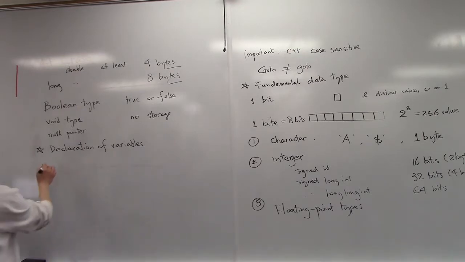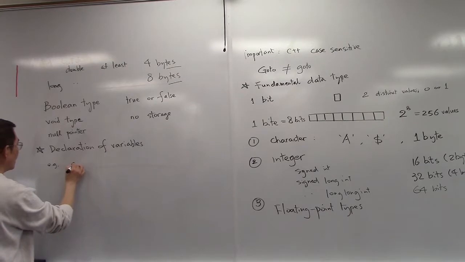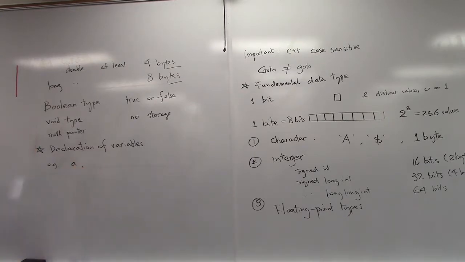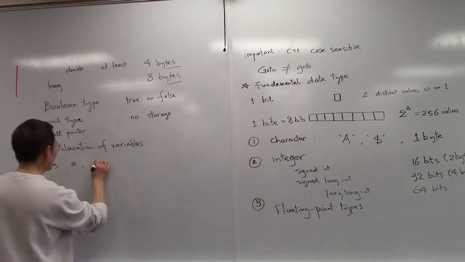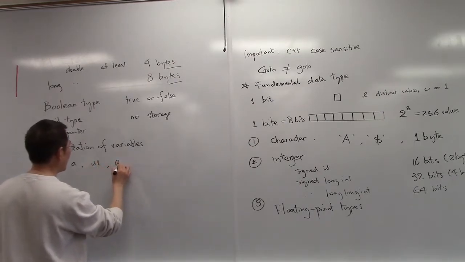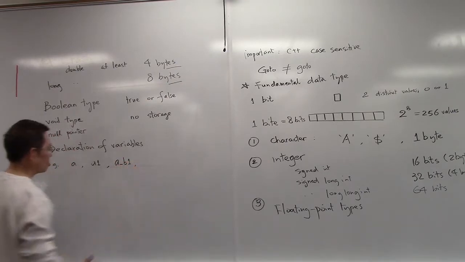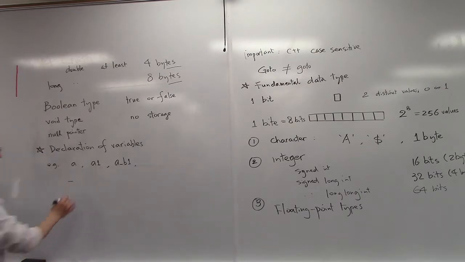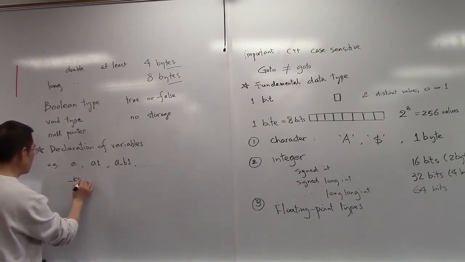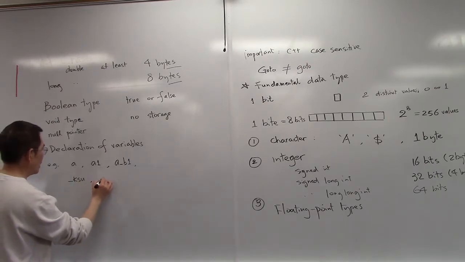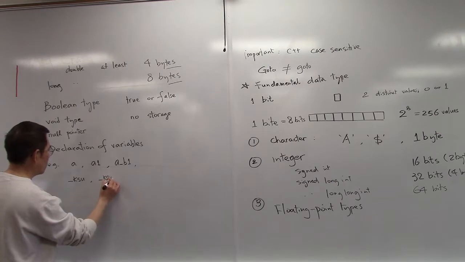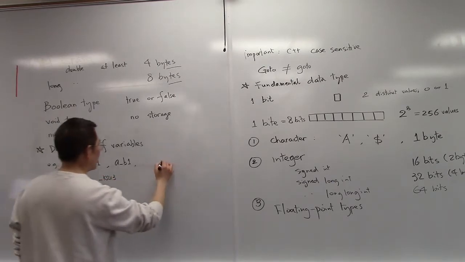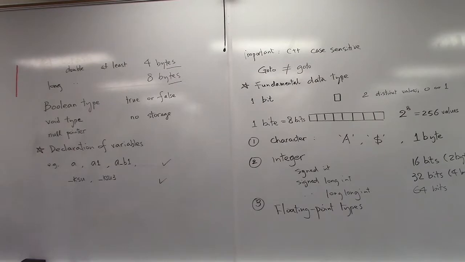For example, if I say A, that is a valid or legitimate variable. A1, that's also fine. A underscore B1, that's also fine. And I can also put underscore first, say _KSU, and then KSU3. These are all correct variables.